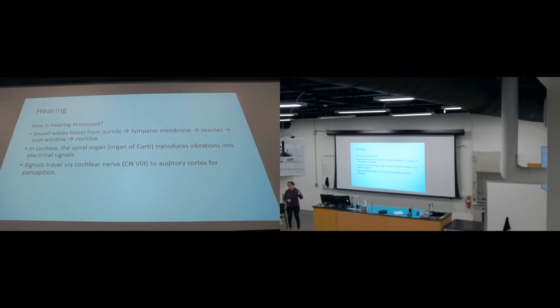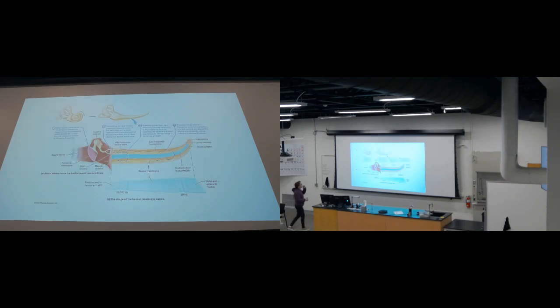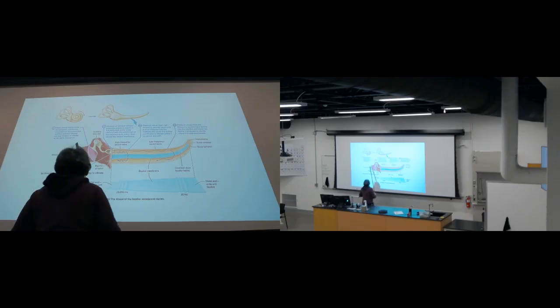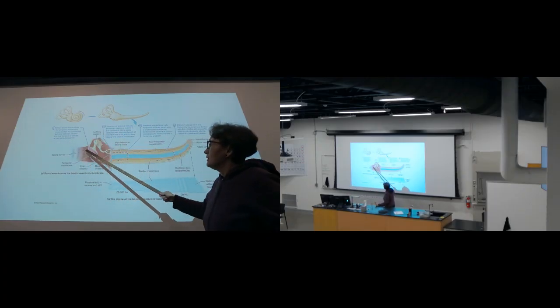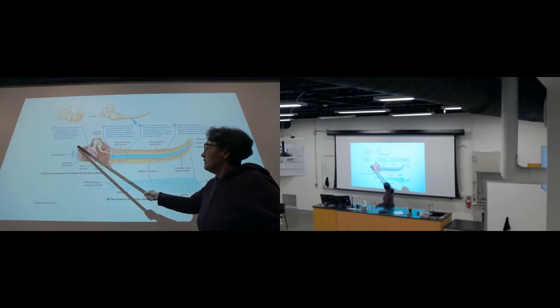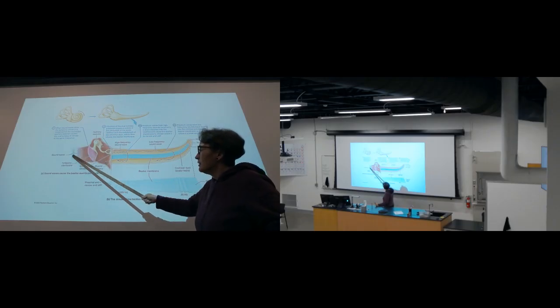And that is going to lead to the depolarization of these cells, and then transfer of action potential through the cochlear nerve into the auditory cortex, which is located in the temporal lobe, for perception of hearing. So this is what happens with hearing.